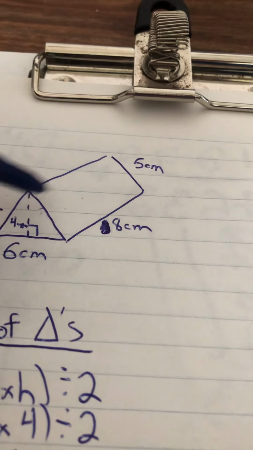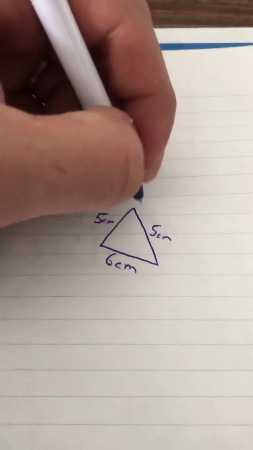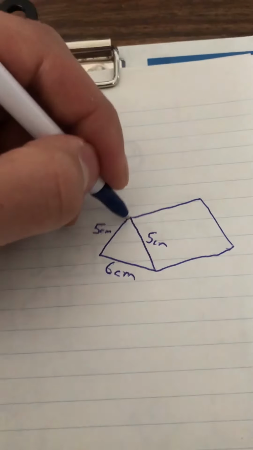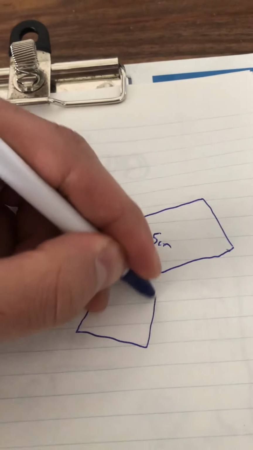All right, we have an isosceles triangle where two sides are equal, so 5, 5, and 6. So if I opened up this prism, I would have 3 rectangles coming off it like so.